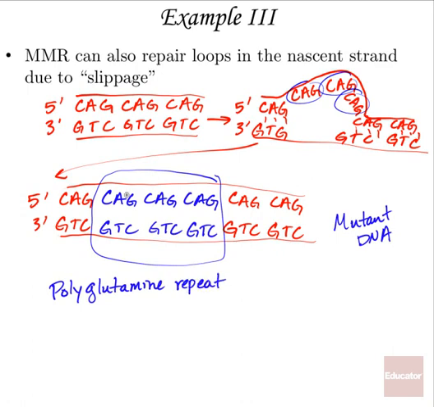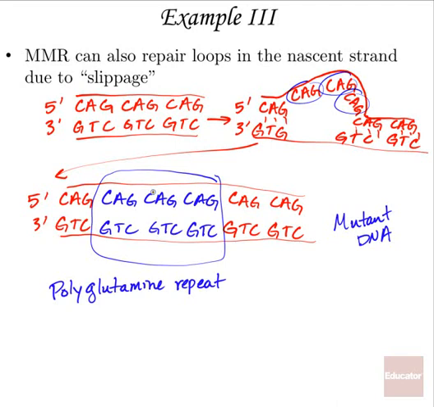The reason being that when this CAG codes, this will code for our glutamine when we're talking about turning it into mRNA and then finally into a protein. So this will code for glutamine. And there are several diseases that are associated with polyglutamine expansion.